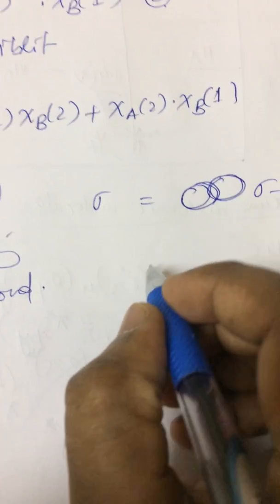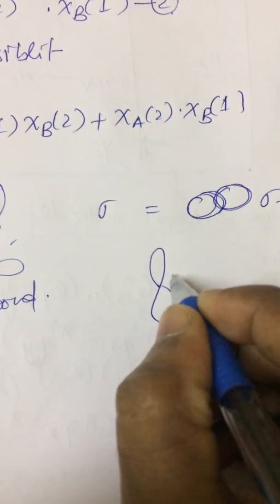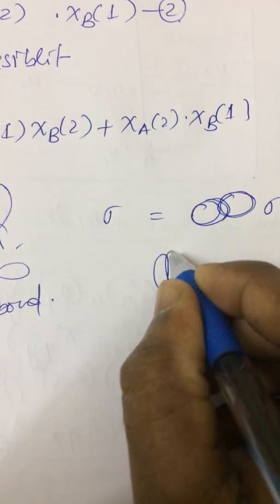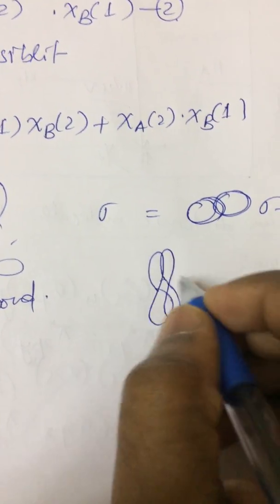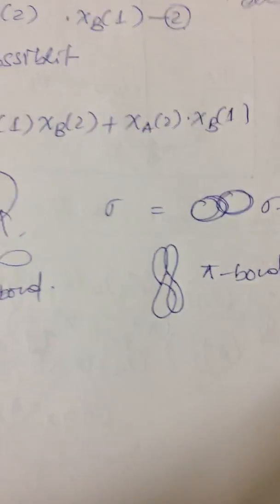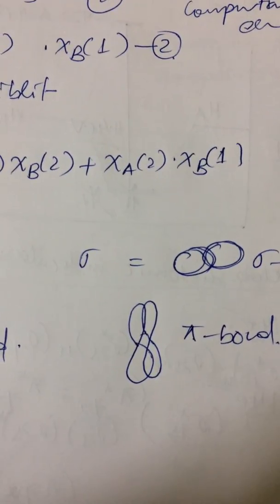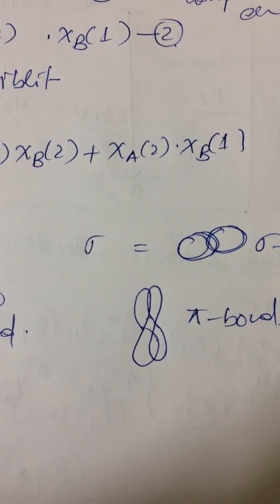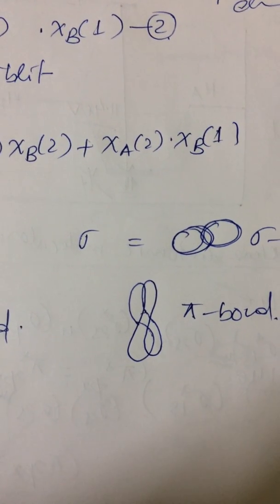And side overlapping of p orbitals like this forms pi bonds. This is the way bonds are formed by overlapping of orbitals.